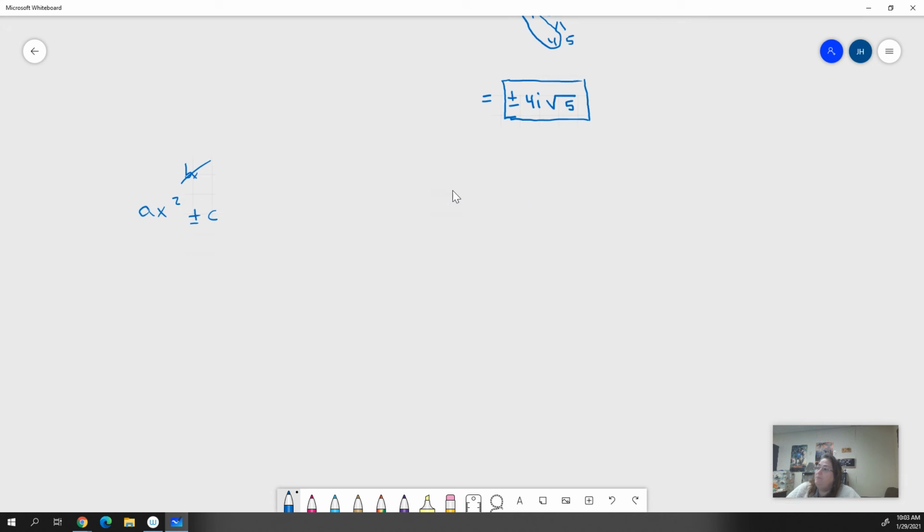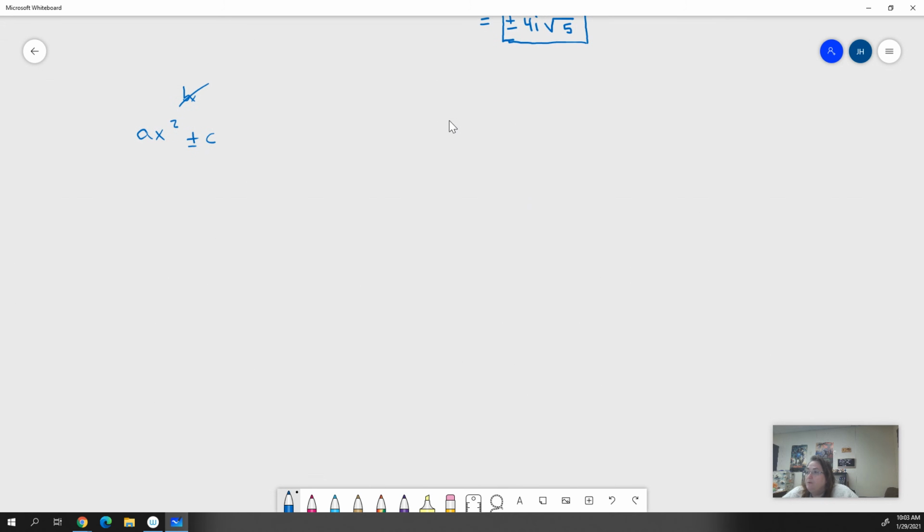And what we did was we took a problem like x squared plus 81 equals 0. The first thing that we did was we isolated x squared, we got it all by itself. That means the only thing we want on this side of the equal sign is x squared.